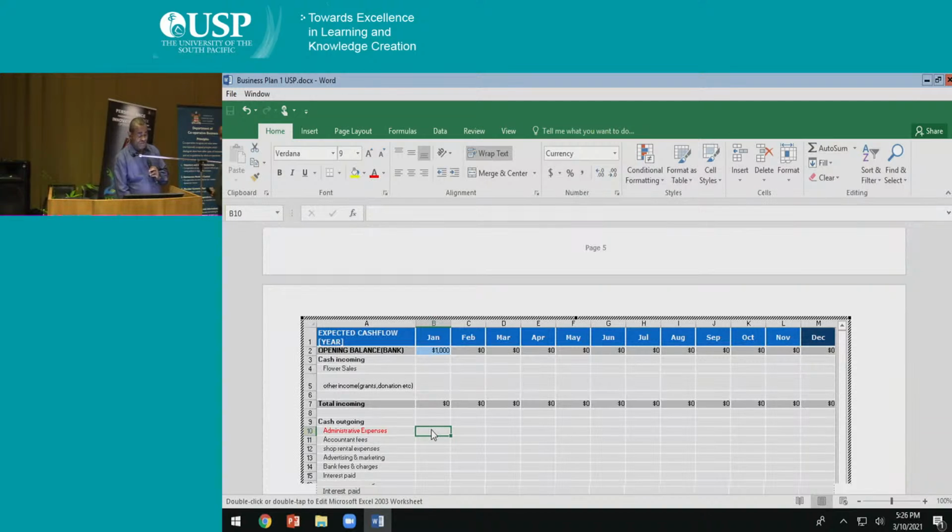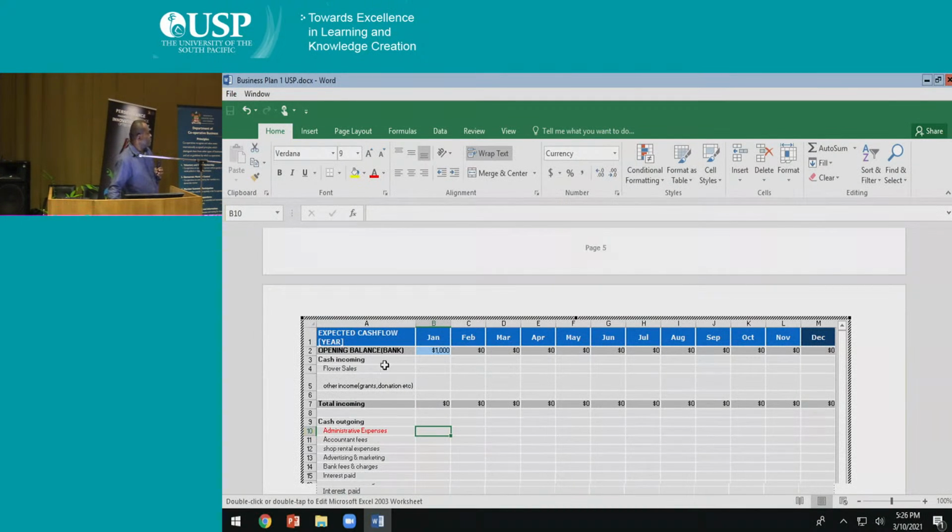Cash flow. That's expenses. Now you've seen that this is cash incoming, that means coming in, and you have the total there, and those are the money, the cash that are coming in, okay? From flower sales, and maybe from other income, grants and donations.